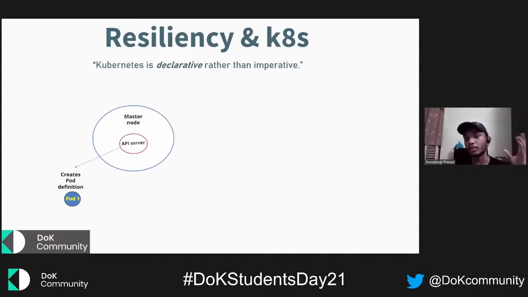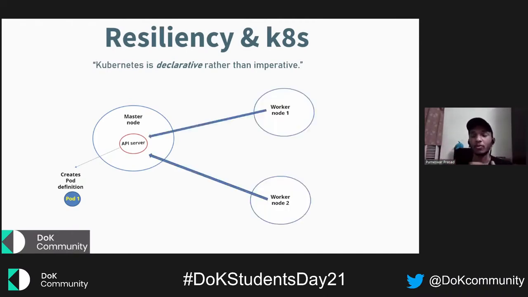Now, if there is a workload trying to run on Kubernetes, the API server will create that workload in something called a pod. The definition of a pod is a whole different topic, but let's imagine a pod as a bubble which contains a workload. To run the workload, we need worker nodes.